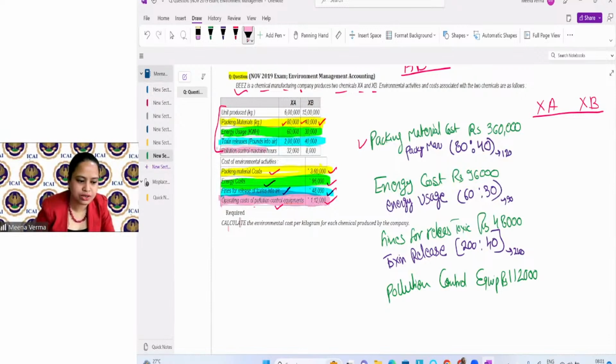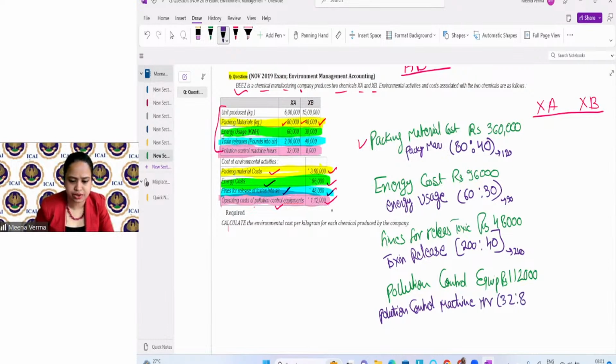We will allocate it on the basis of pollution control machine hours, right? What is the time here? 32 is to 8 ratio. Right, let's do this question now.